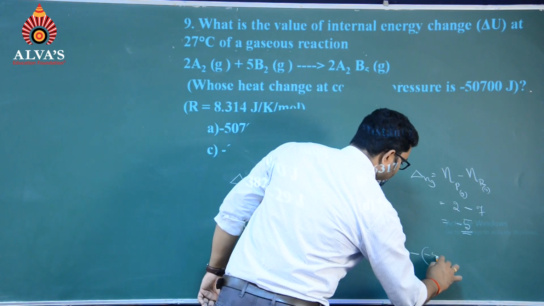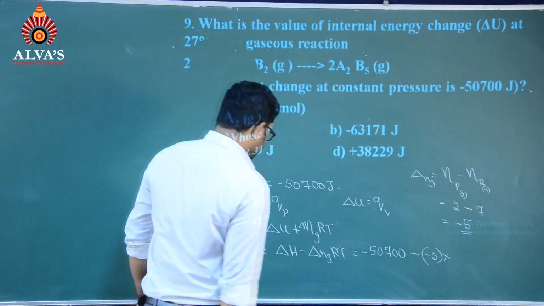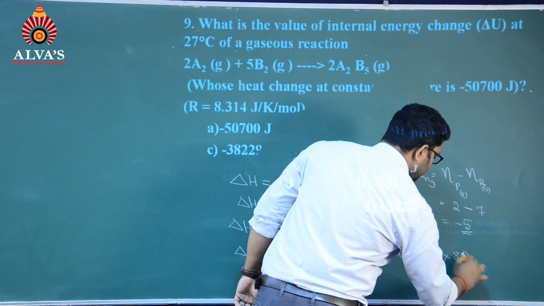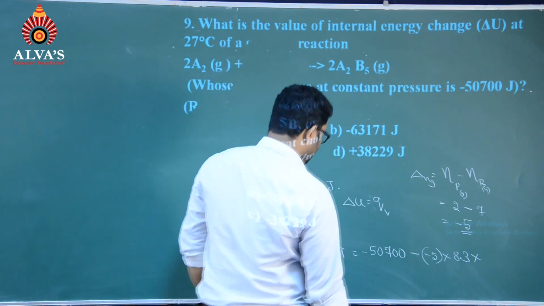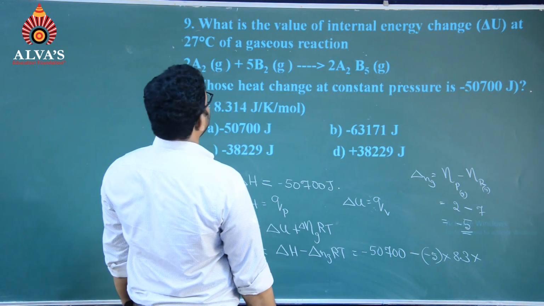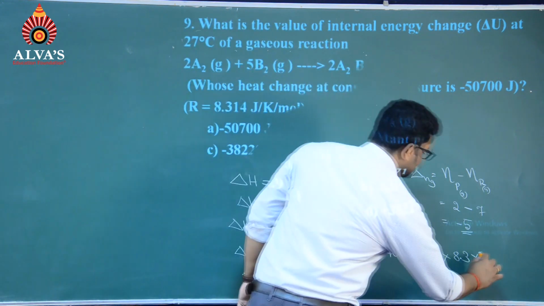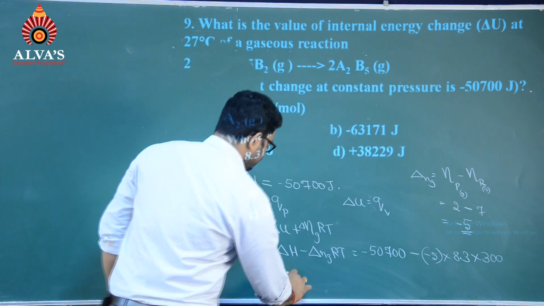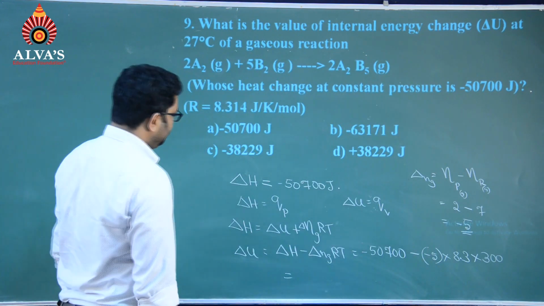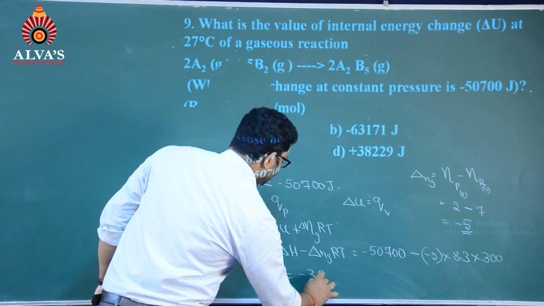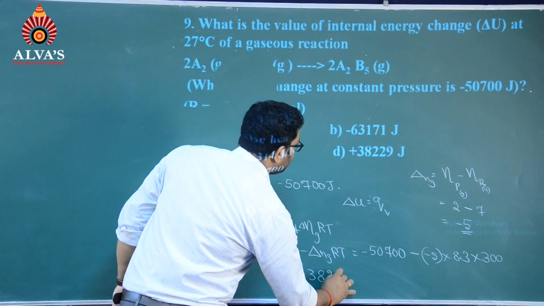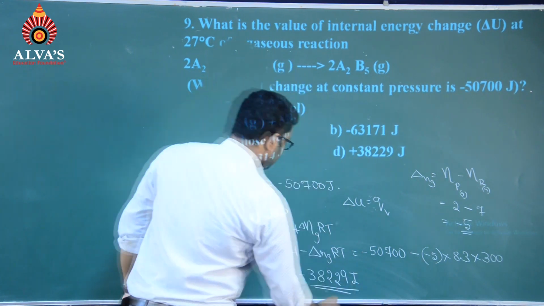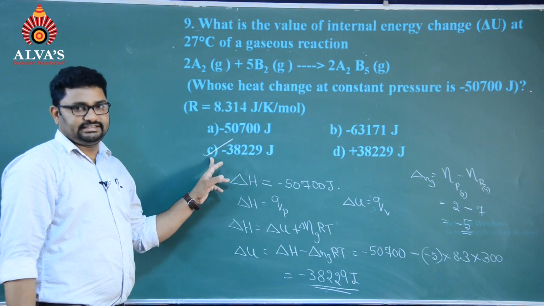Hence minus 5 into the value of R, 8.314, into the temperature. Temperature is 27 degrees Celsius, that is 300 Kelvin. On simplification, the value is minus 38,229 joule. Ninth question, option is C.